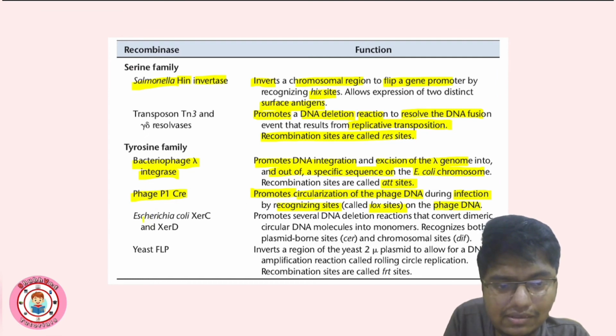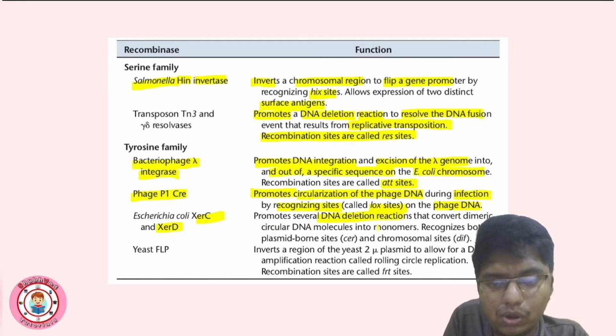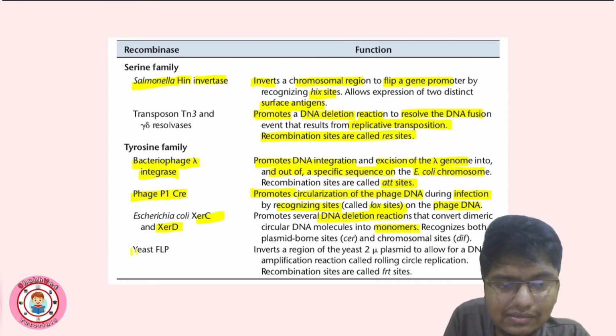Then the next is Escherichia coli XerC and XerD. It results in DNA deletion reactions that convert dimeric circular DNA molecules into monomers, recognizing both plasmid sites, cer, and chromosomal sites. And the next is yeast FLP.